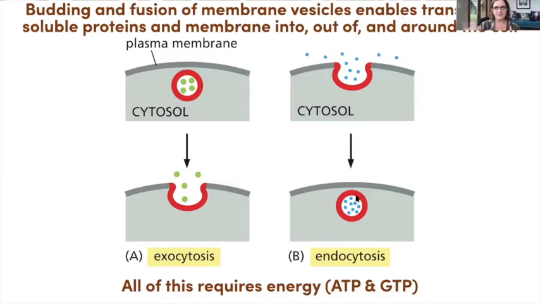Cells are constantly exocytosing and endocytosing components from the surrounding medium, and they're also transferring material between different compartments in the cell. All of this requires a lot of energy.